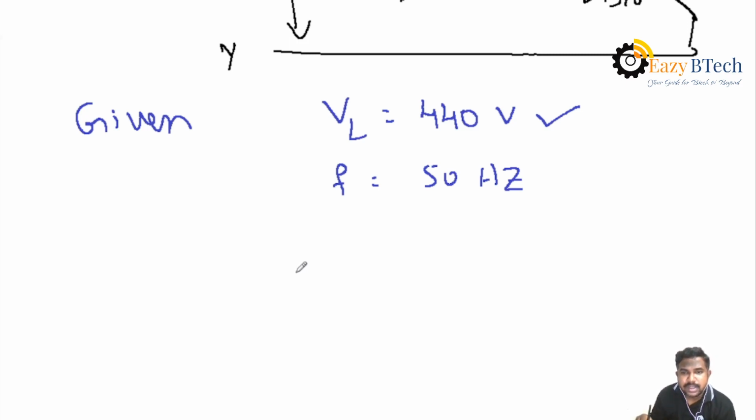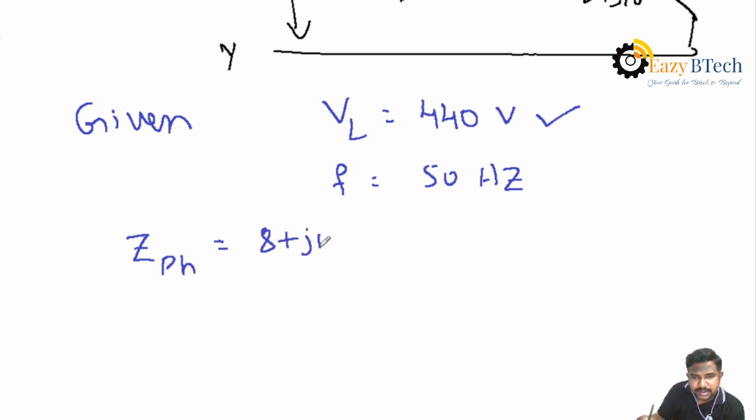The voltage supply by default is taken as line voltage, and the other given values are impedance values. By default it is a phase impedance, that is, the impedance is connected between the phases. The given value is 8 plus J10 ohm, which is in rectangular form.